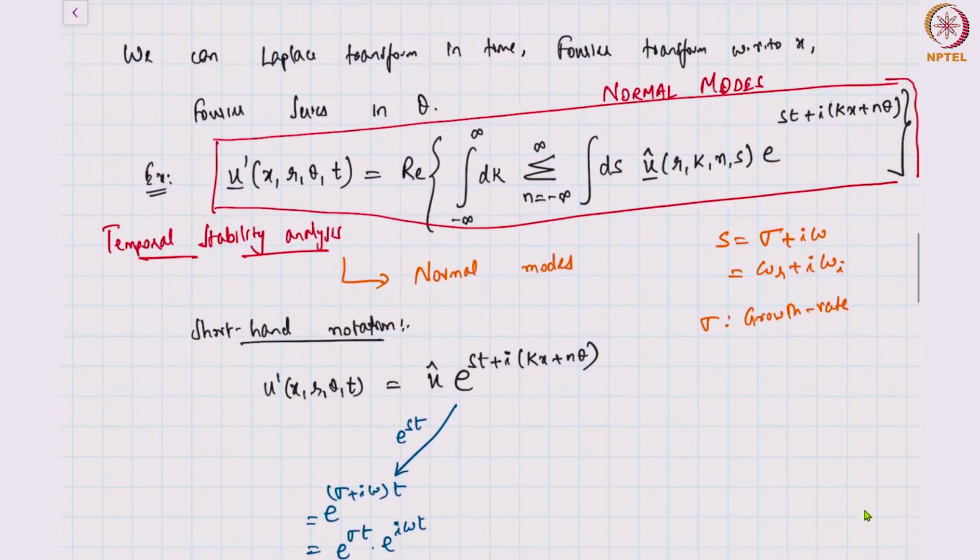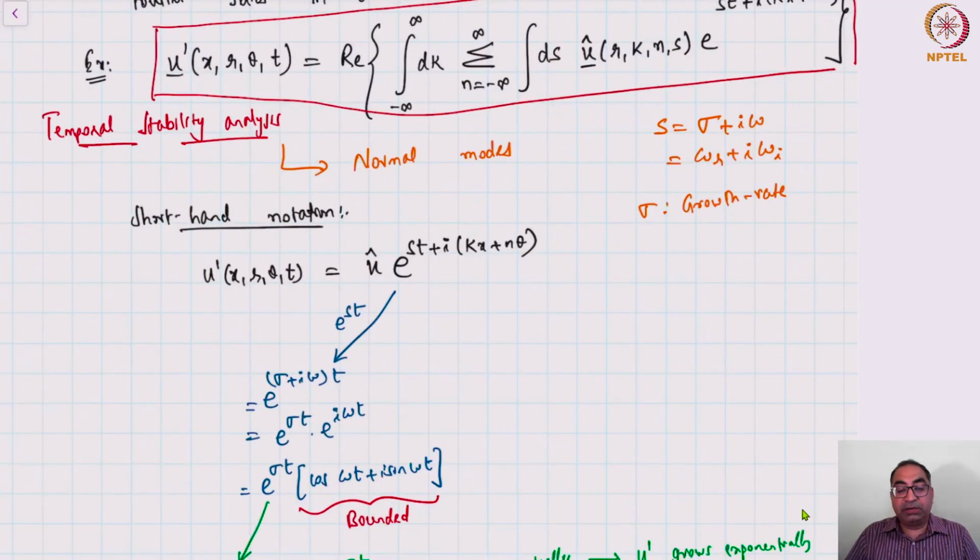When I do problems, I will not write the real part or the complex conjugate because they are assumed to be taken into account. In any case, physically a complex velocity field does not have any physical meaning, so we take only the real part.